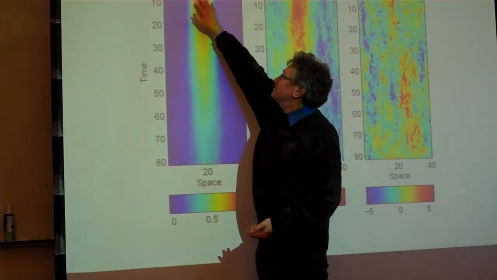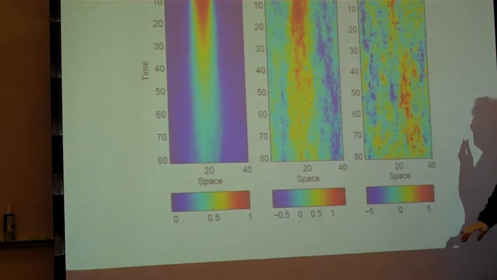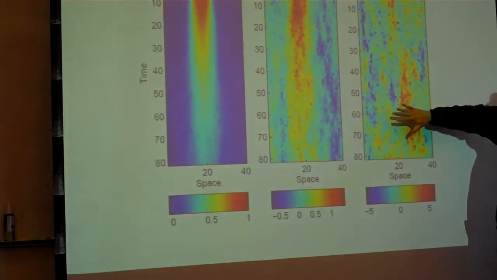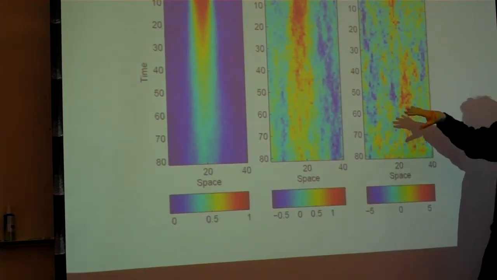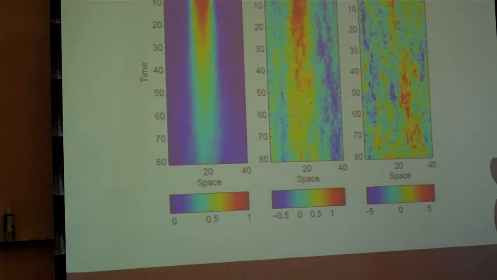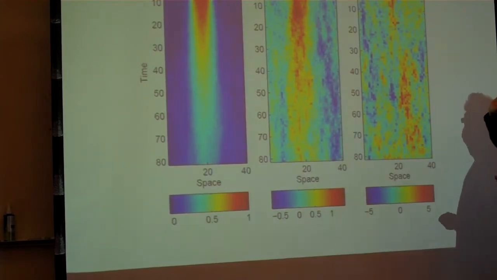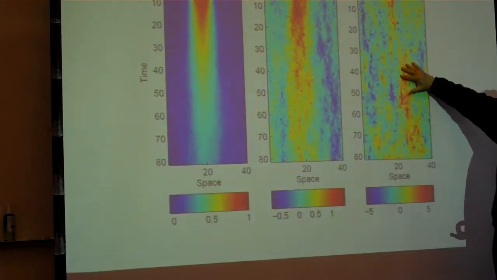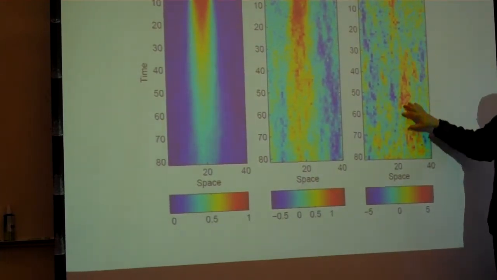So we have space in one dimension, time in another dimension, and here's just a much noisier implementation of that same thing. These are actually simulations from a partial differential equation. And so we can see that there are correlations in both space and in time.